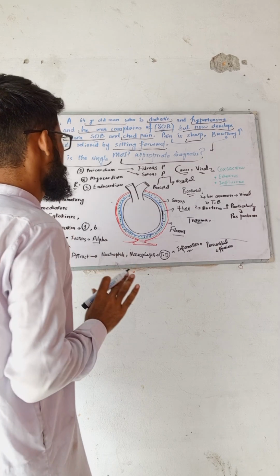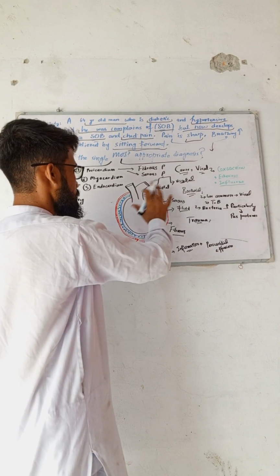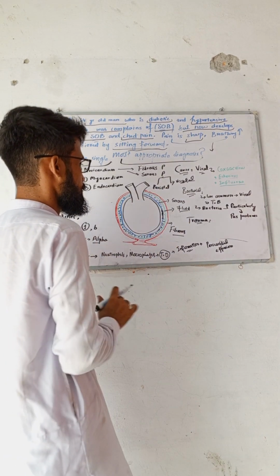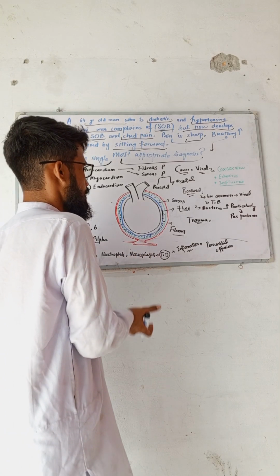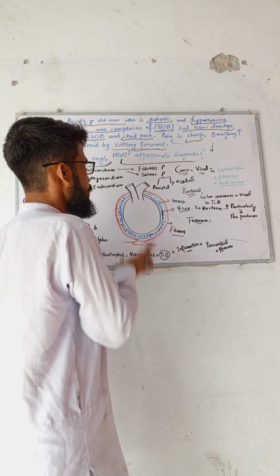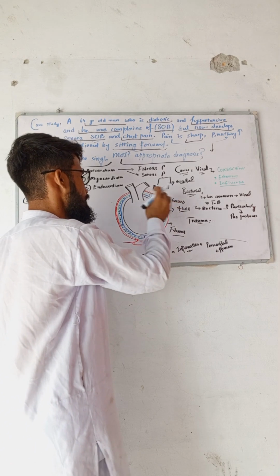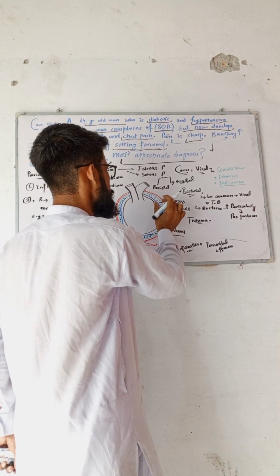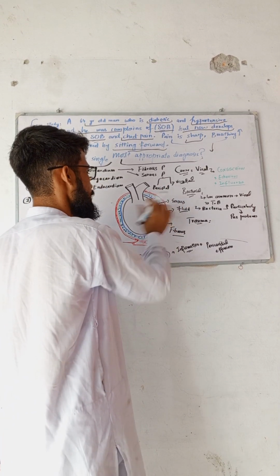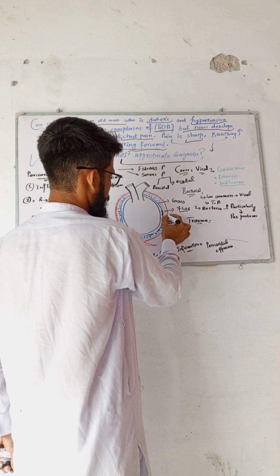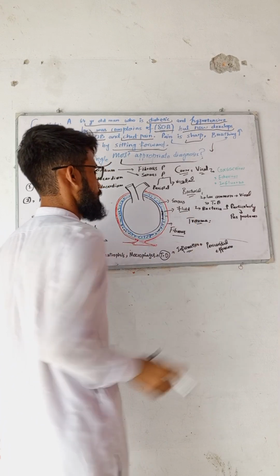So when the pericardium is inflamed, fluid also accumulates in between these two layers, the parietal layer and the visceral layer.